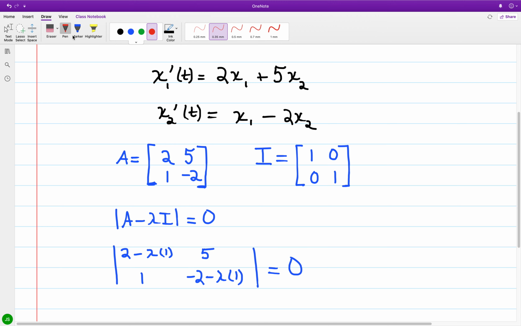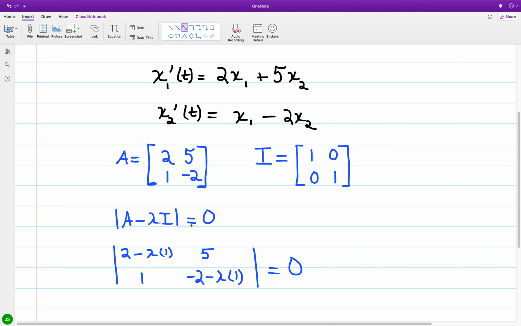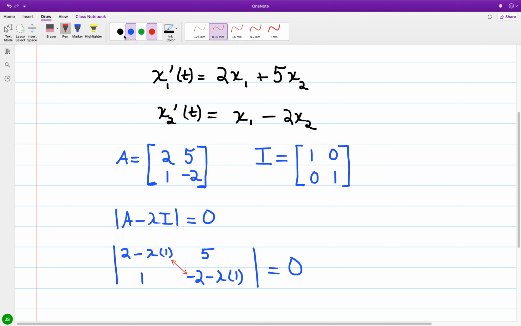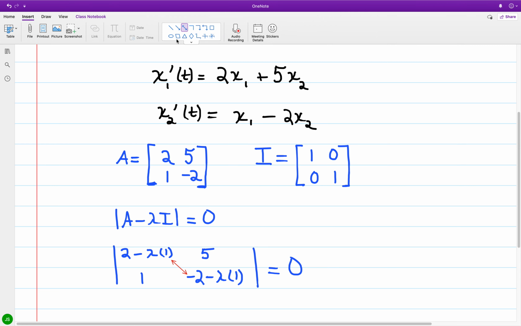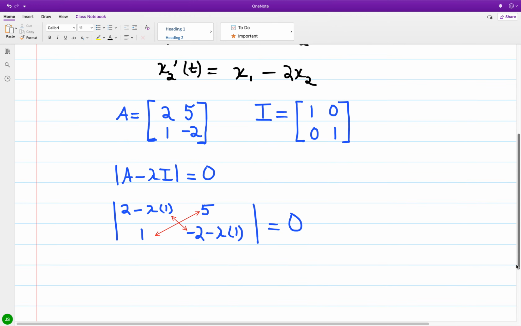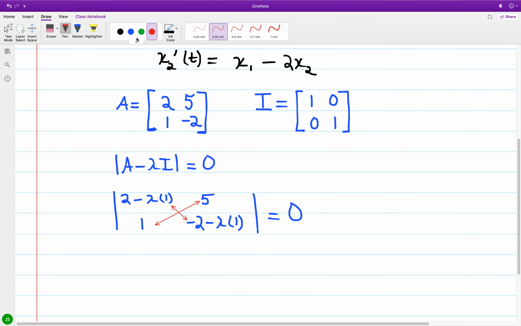And looking at taking the diagonal products, I'll just extend this out a bit. Laying out what we have here: 2 minus lambda, 1, 5, and negative 2 minus lambda.